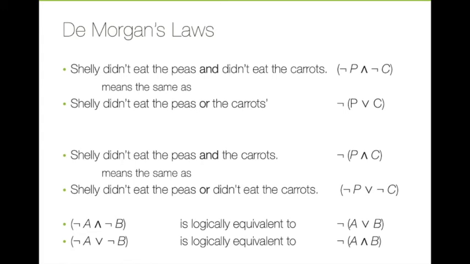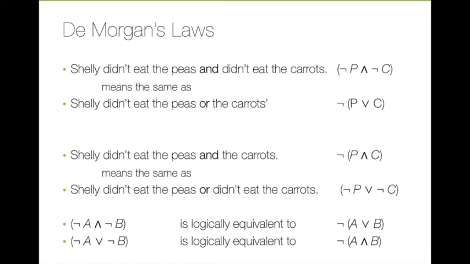Together, these four example sentences of English and their symbolizations illustrate a pair of logical equivalences, which often get called De Morgan's laws.